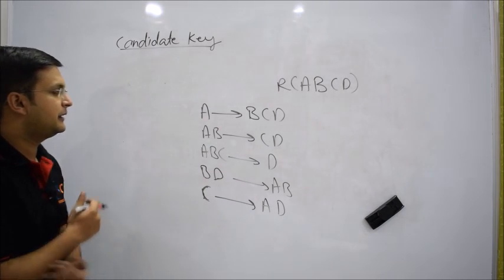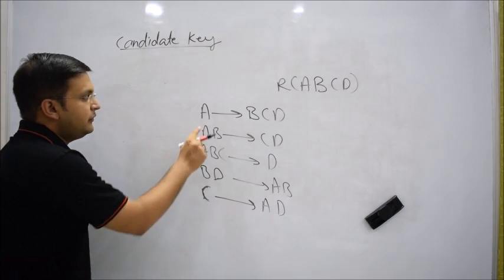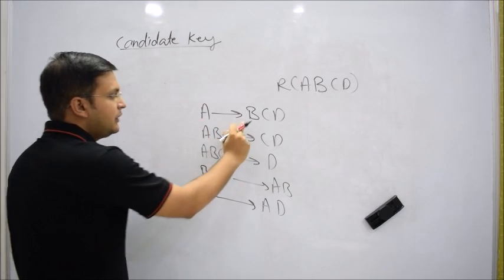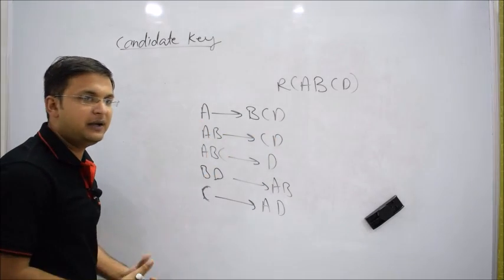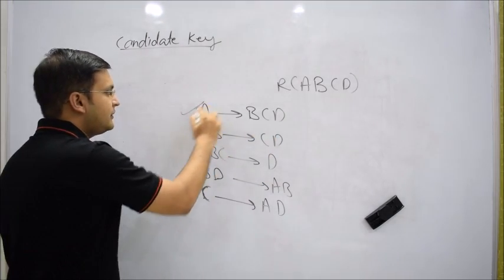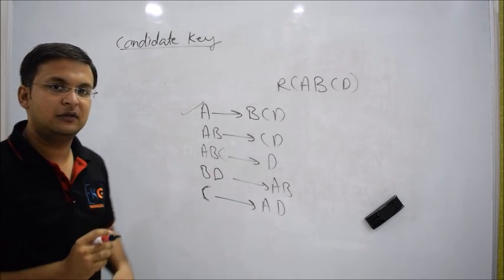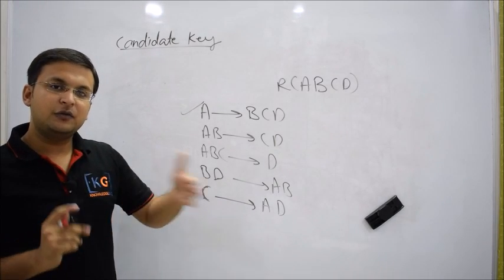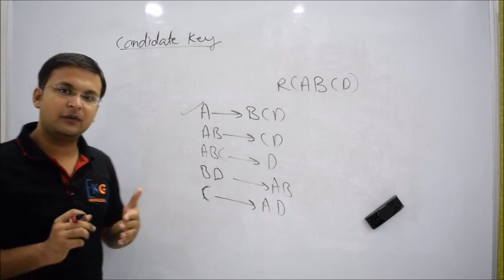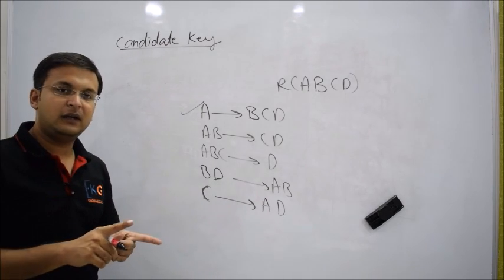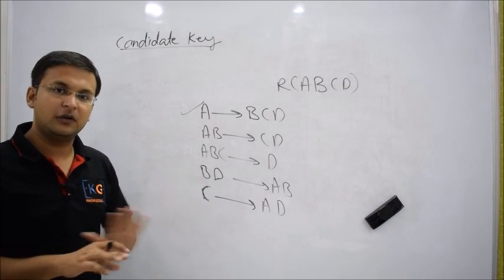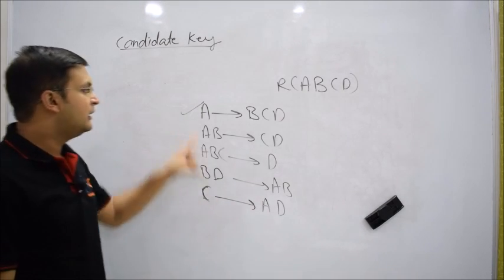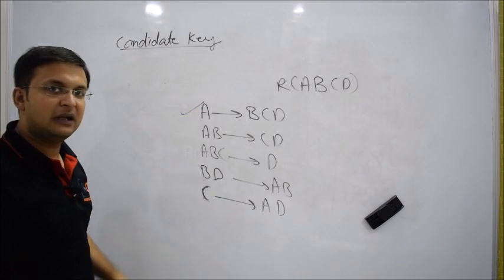Now you understand this thing. If you say with single A you can find B, C, D, what does it mean? Can I say A is a super key? Because I explained now that a key and a super key both mean the same thing, so I'll discuss not key but super key, which will remove all confusion. So can I say A is a super key? Answer is yes. Why?